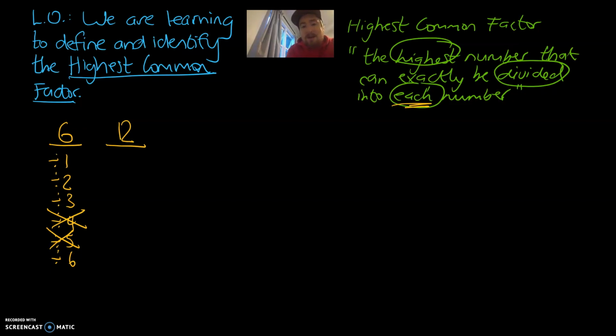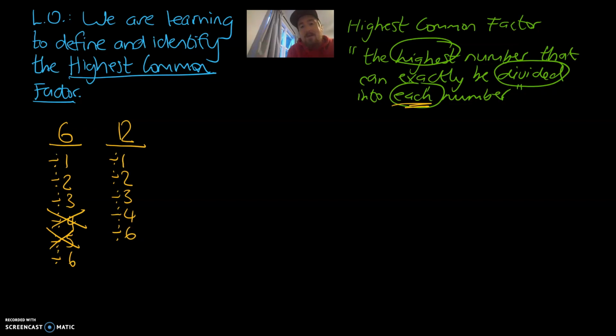Let's have a look at 12. This time around, I'm not going to write them all down. I'm only going to write down the ones that are factors. So let's have a look at 12 divided by 1. Yes, that gets us to 12. Divided by 2. Yep. Divided by 3. Yeah, that gets us to 4. Divided by 4. Yes, that gets us to 3. Divided by 5. That's a strong no. Divided by 6.